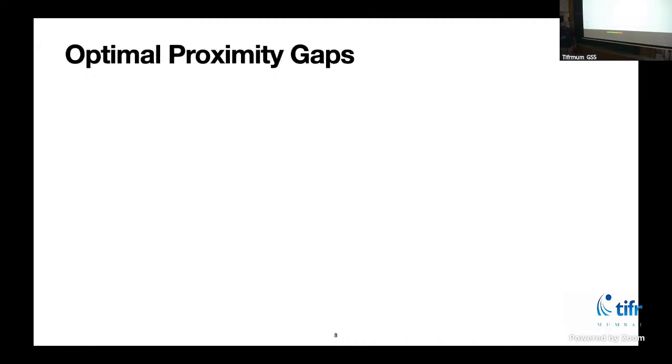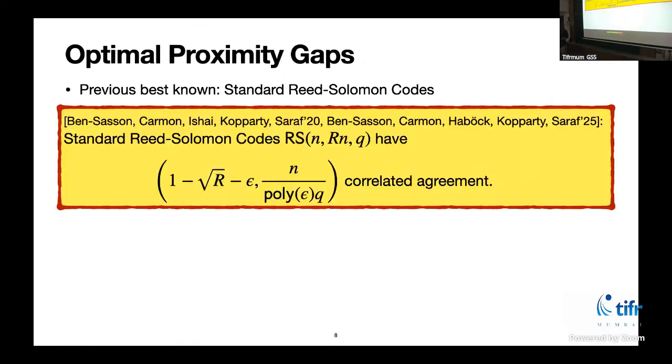Good. So, what was known before? The best known was for standard Reed-Solomon codes. The result of Venkatesan, Kalman, Ishai, Kopparty, and Saraf from 2020 showed that standard Reed-Solomon codes have the proximity gap property and the stronger correlated agreement property up to a distance of 1 minus root r minus epsilon, where r is the rate.